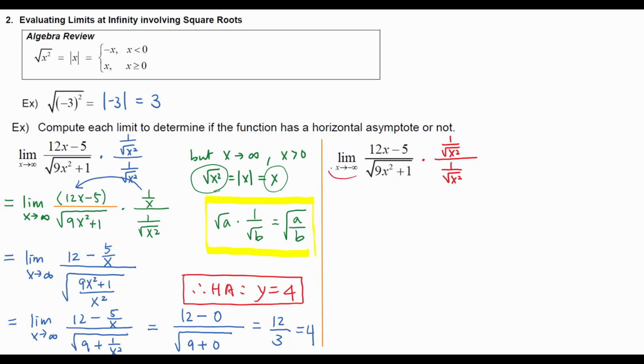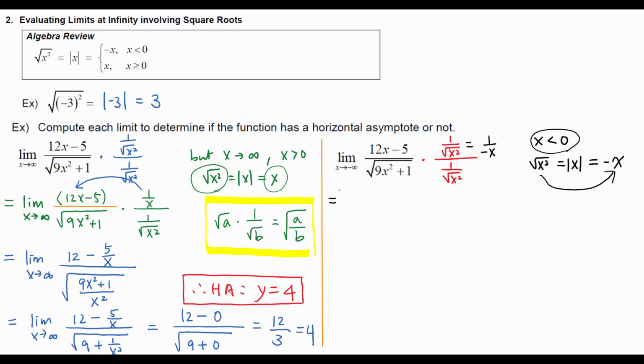However, because x is approaching negative infinity, x is now a negative number, so the square root of x squared, which is the absolute value of x, will come out as the opposite of x. So this is really now 1 over minus x. And in the bottom, we're going to leave it as 1 over the square root of x squared.